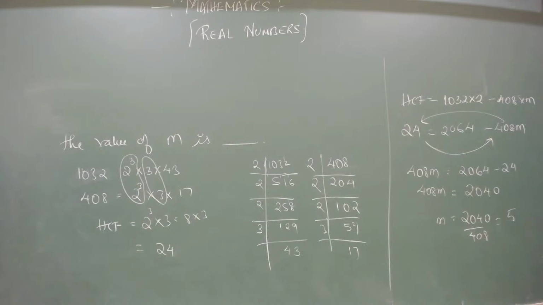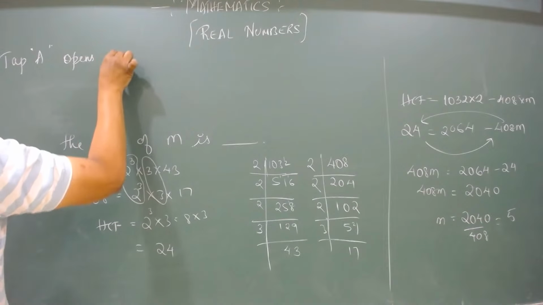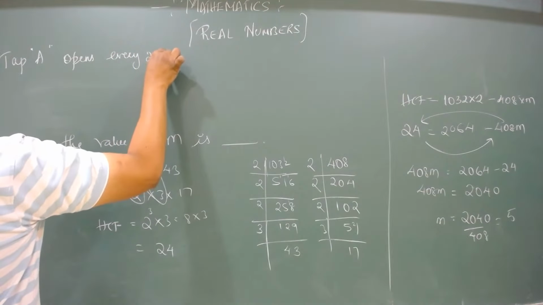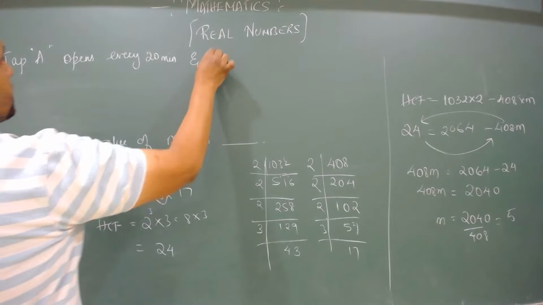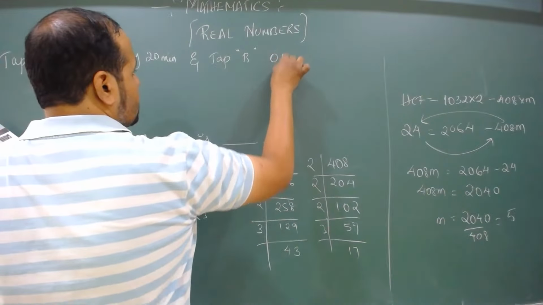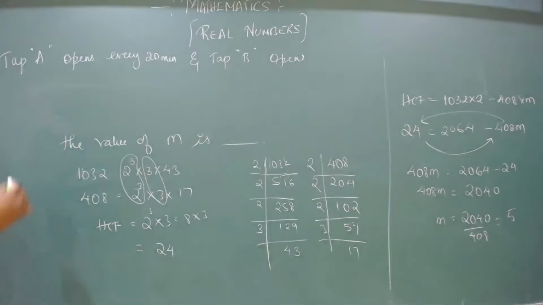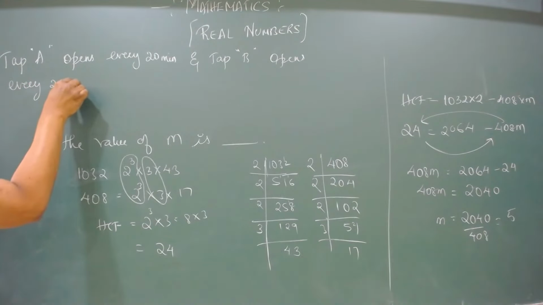Meantime, let me write the next question. I will start with a word problem. Tap A opens every 20 minutes and tap B opens every 25 minutes.